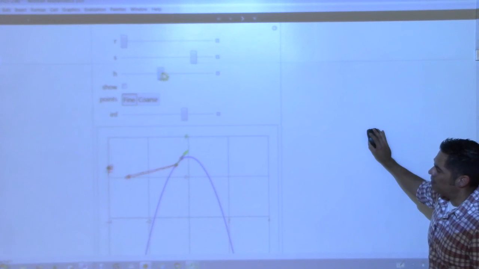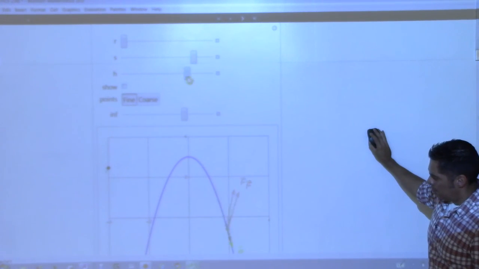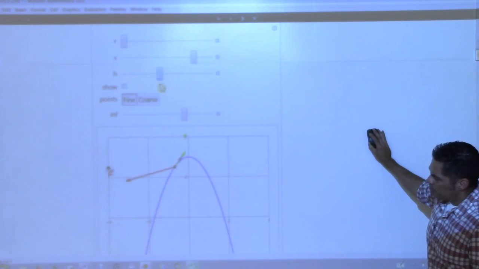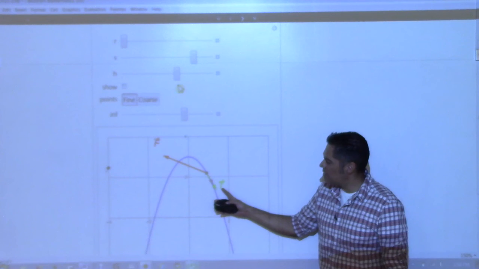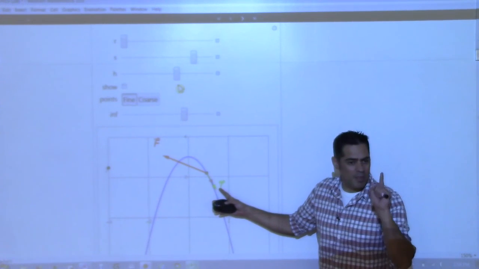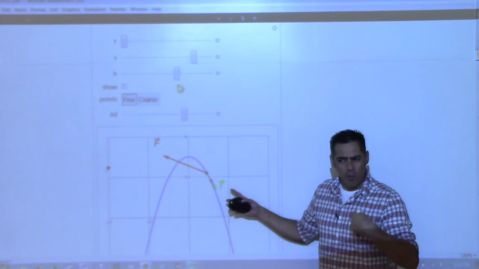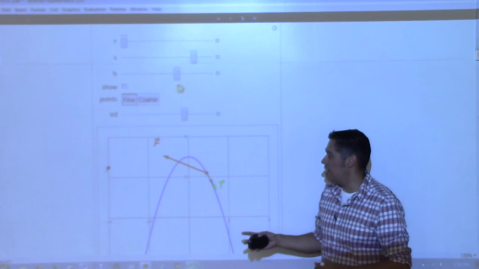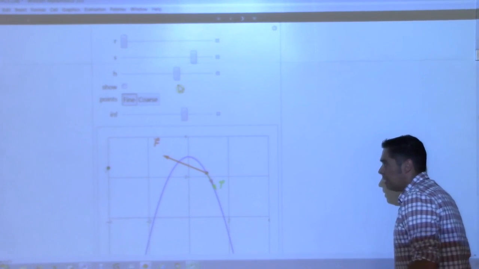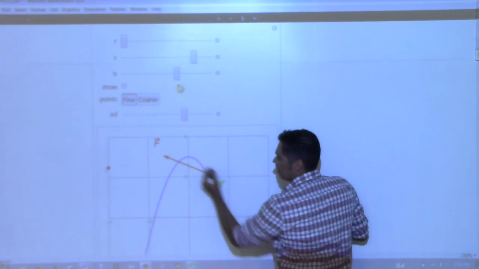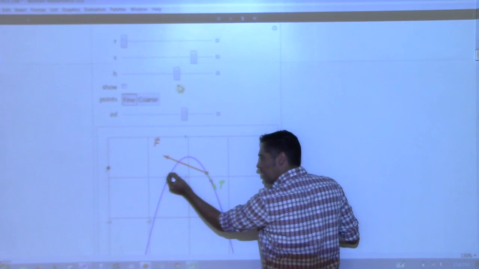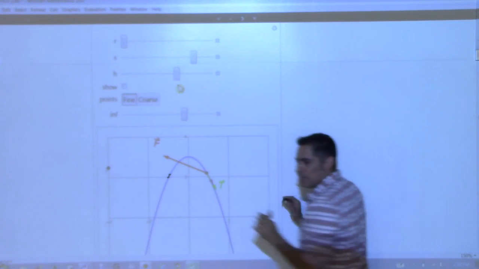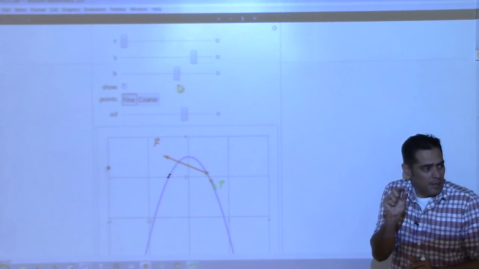Let me move this along. As I move through here, the purple one and the green one point in the same direction. The only difference is that the green one always has a length of 1. That's the one we're interested in, because imagine I moved just infinitesimally from here to there, a little infinitesimal movement.